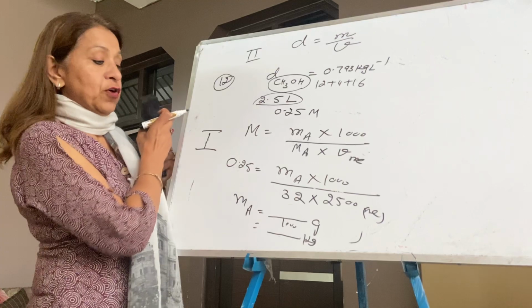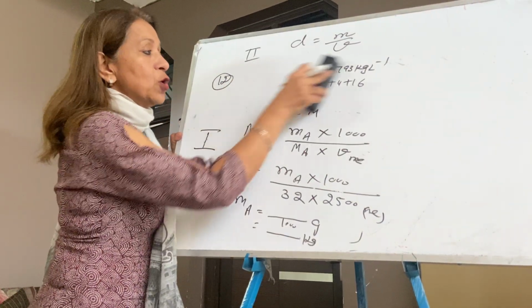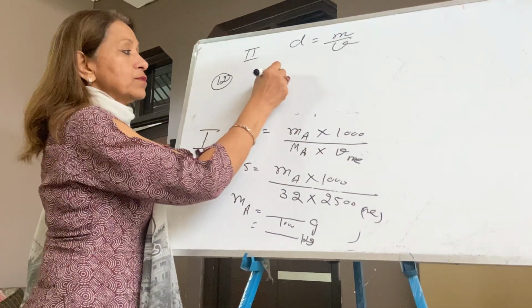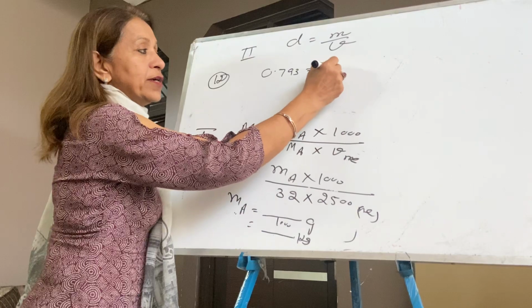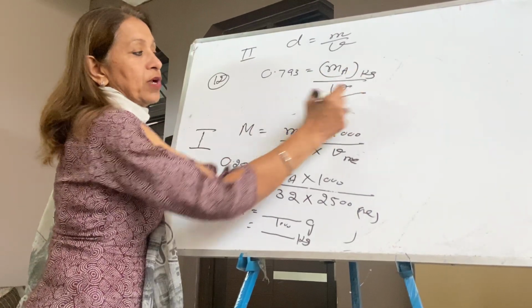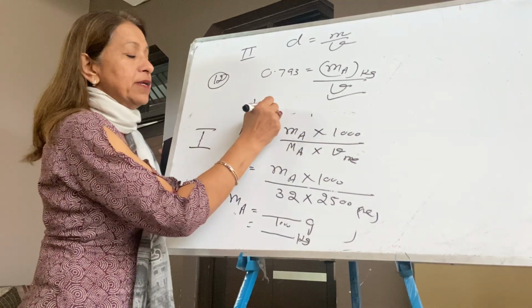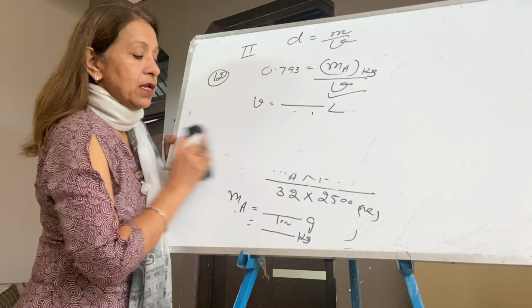So remember this, don't forget to convert your gram to kilogram. Now write your density, 0.793. Calculate the mass, it must be in kilogram, and calculate the volume. The volume is your answer, and your answer will come in liter. So this is your numerical.